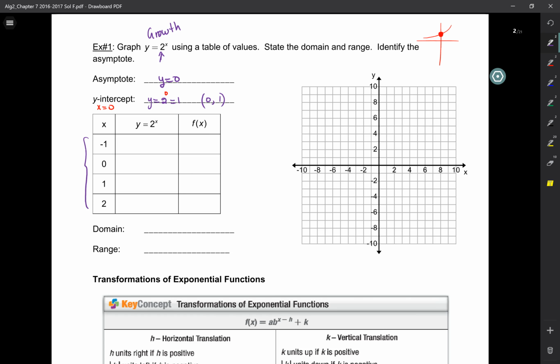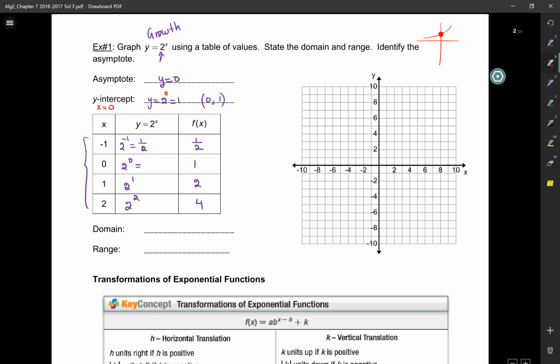So let's plug all these in here. First off, I have 2 to the -1. Now that we've done our chapter 6, we know exactly what that is. This is 1 over 2, so this is a half. Next, I have 2 to the 0. How much is that? 1. And I have 2 to the 1, and that's 2. 2 to the 2, that's 4. Anything to the power of 0 is 1.